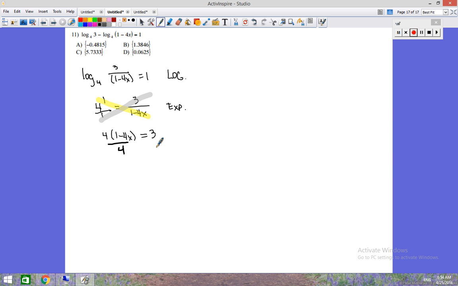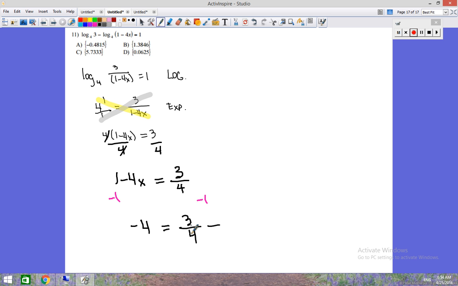Let's divide both sides by 4. Let's subtract 1 from both sides. You can let the calculator do the work here.